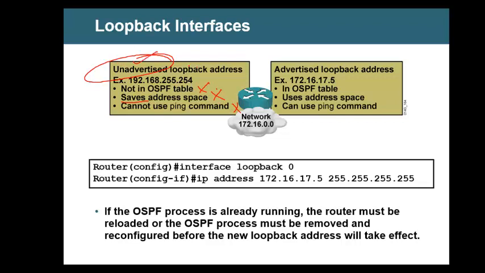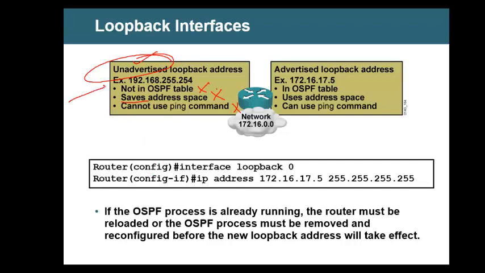Again repeating, an address that you use as a router ID need not be there on the interface. If it is there, it need not be advertised in OSPF, not compulsory. So if you don't advertise, these are all the advantages. It won't be there in the OSPF table.